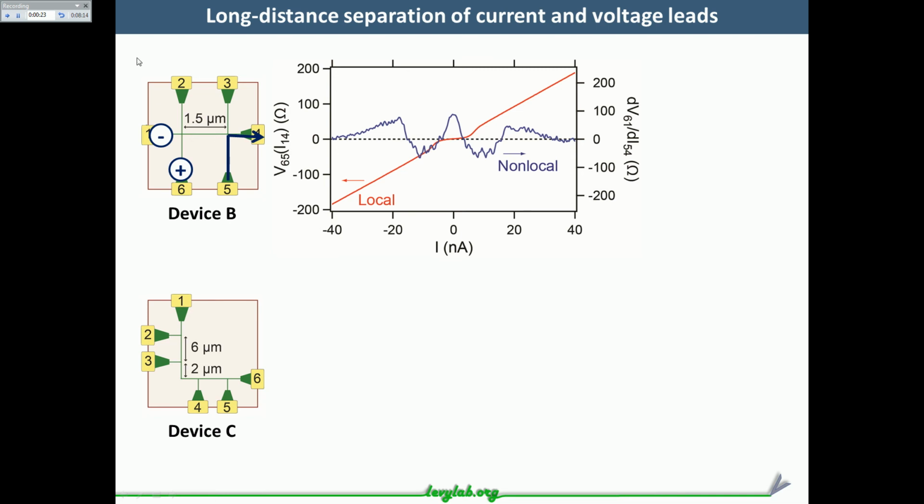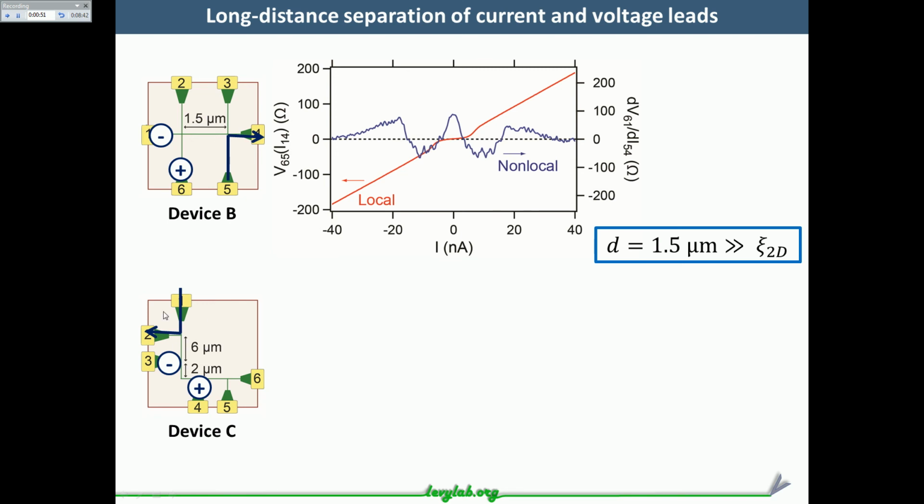And that's the blue curve here, comparing it to the local VI curve. It's again associated with superconductivity, but the signal persists for some current above the critical current. This effective separation here is 1.5 microns, which is much greater than the 100 nanometer coherence length that was measured in 2D.